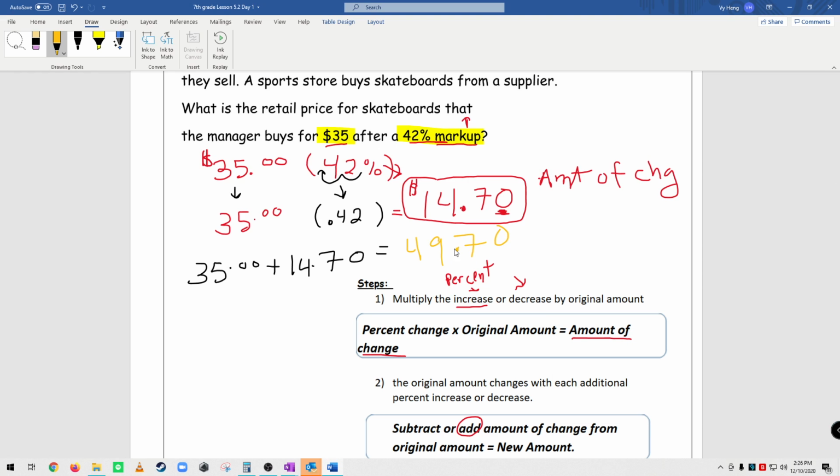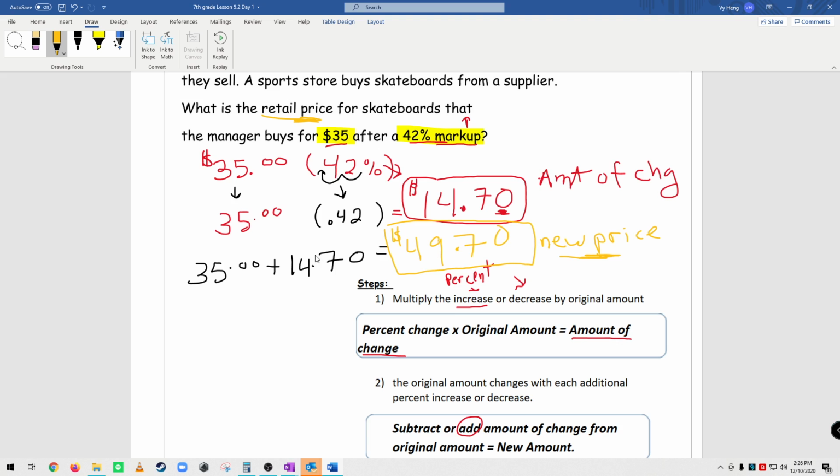Okay, the dot goes here, dollar sign goes here, and this is your new, what is the resale price? This is the new price. Okay, the new price and retail price is the same thing. This word right here means the same thing as this.